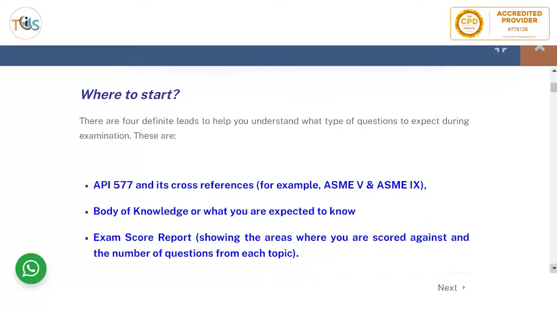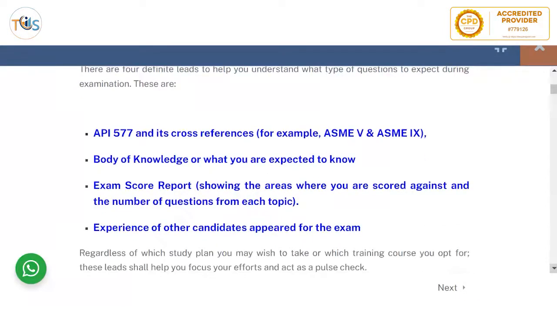Okay, where to start? There are 4 different leads to help you understand what type of question to expect during the examination. These are API 577 and its cross-references, for example, ASME Section 5 and ASME Section 9. Body of knowledge, or what you are expected to know for this exam.